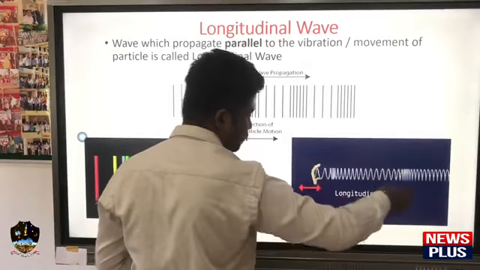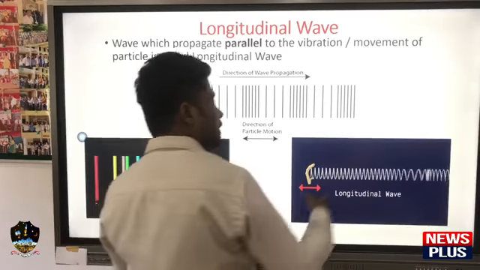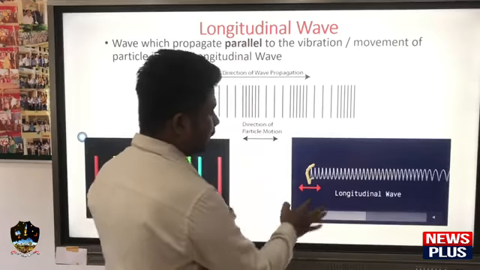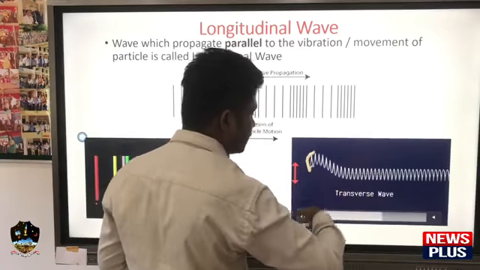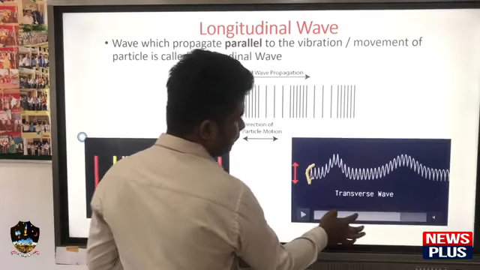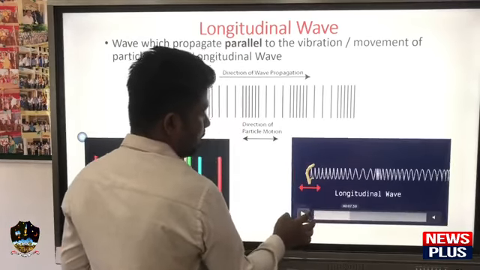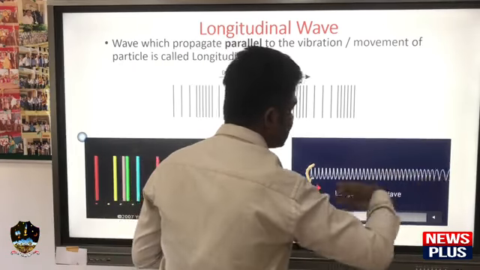When it vibrates, what happens? The wave moves this way and these particles again vibrate. See this one, this is a transverse wave. And this is a longitudinal wave, and the particles move this side.